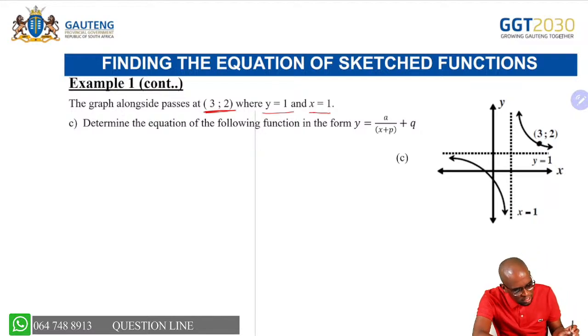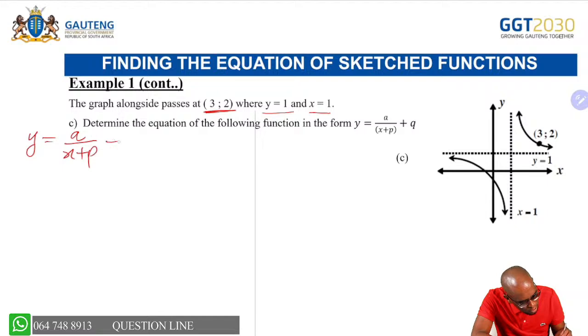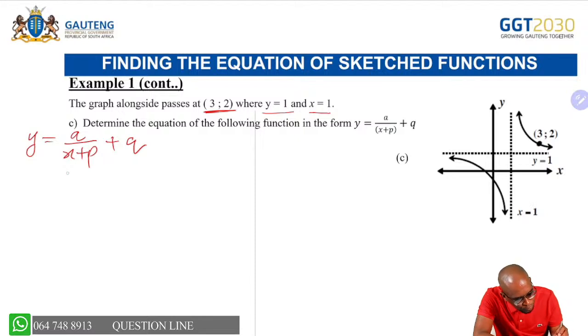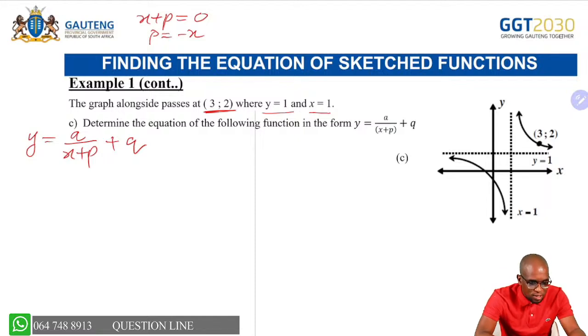So now they say determine the equation in that form: y is equal to a over (x + p) plus q. We know from this form that x + p is equal to 0, which means that p would be given by negative x. If you want the value of p, it's negative x.